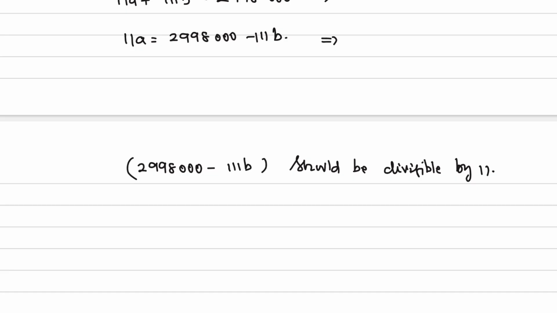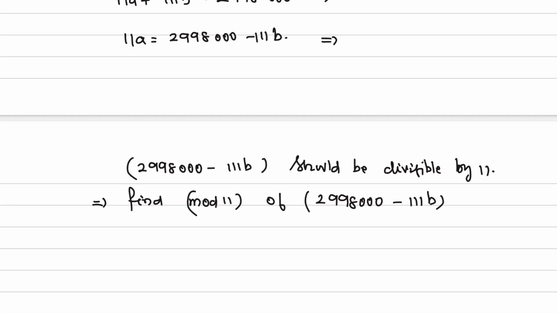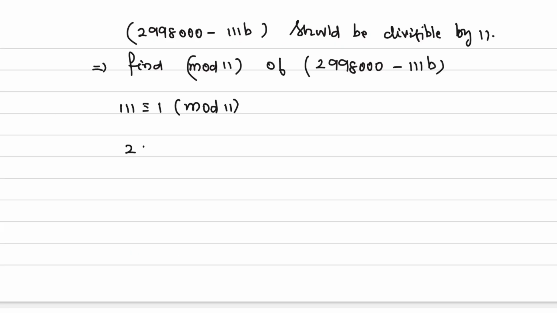Hence, we have to find mod 11 of 2998,000 minus 111b. 111 is equivalent to 1 mod 11, and 2998,000 minus 111b mod 11 we require.